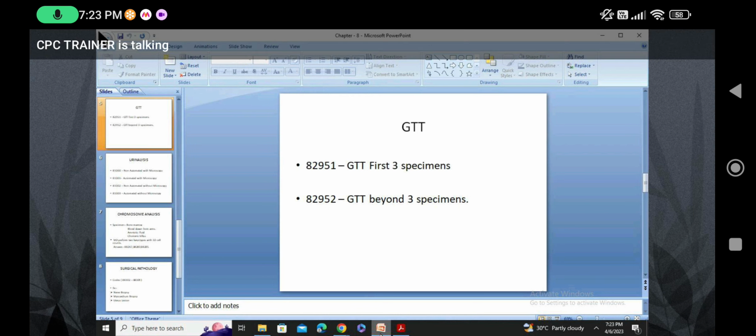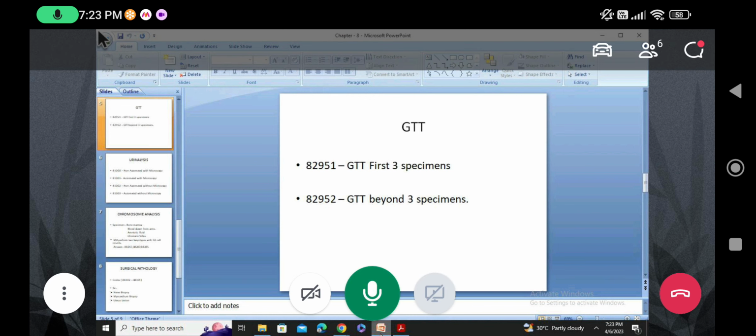GTT 5 specimens, what is the answer? Any idea? Sir, 82951 into 2. Yes, so the answer is 82951, comma, 82952 into 2. That's all, guys.